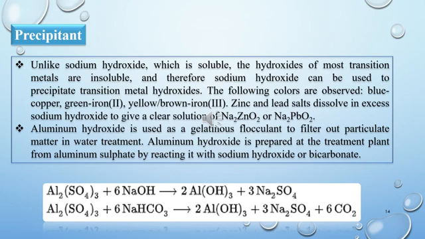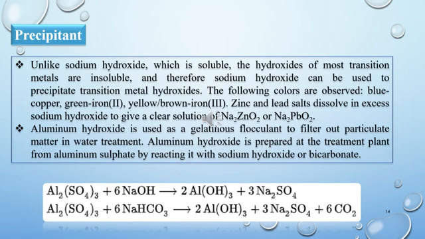Unlike sodium hydroxide, which is soluble, the hydroxides of most transition metals are insoluble, and therefore sodium hydroxide can be used to precipitate transition metal hydroxides.